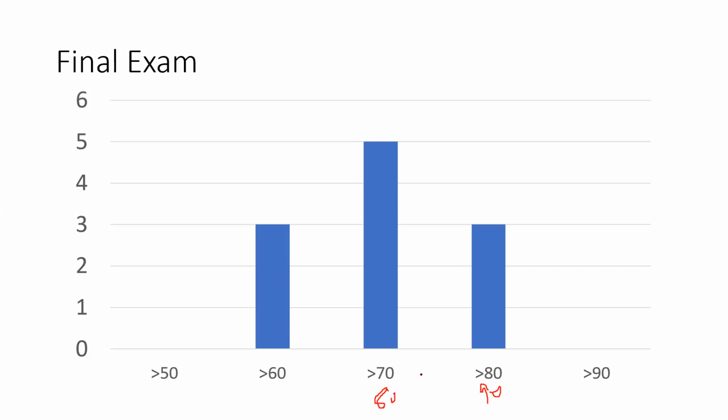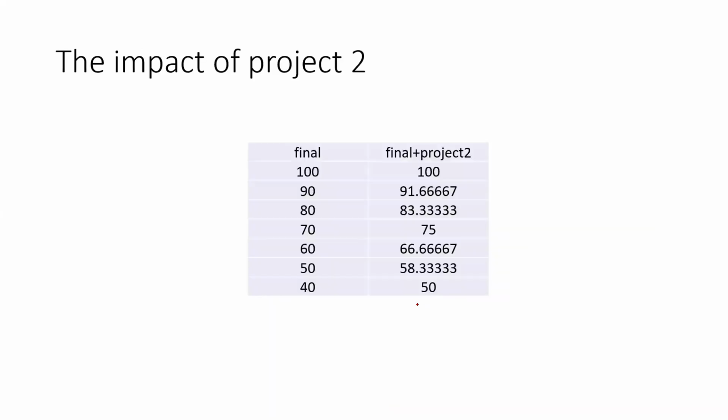So I decided to increase the weight of project 2. Now project 2 counts for 20 points. This is a solution for the students who did not do a good job in the final examination to increase their credits.